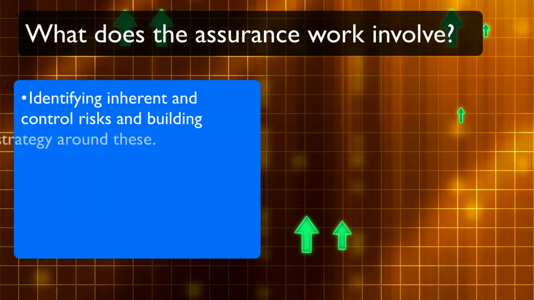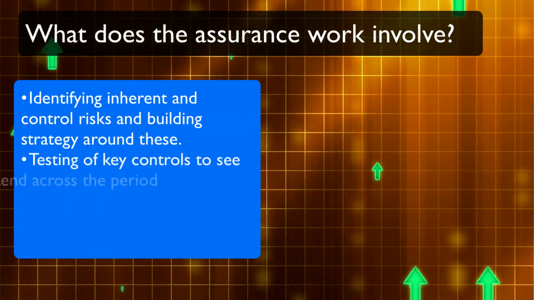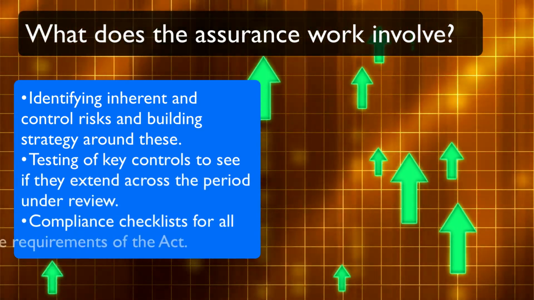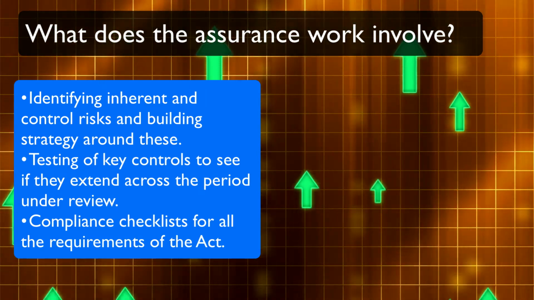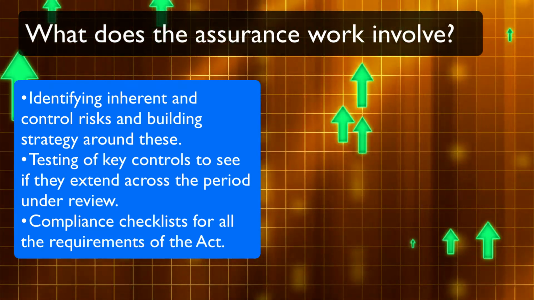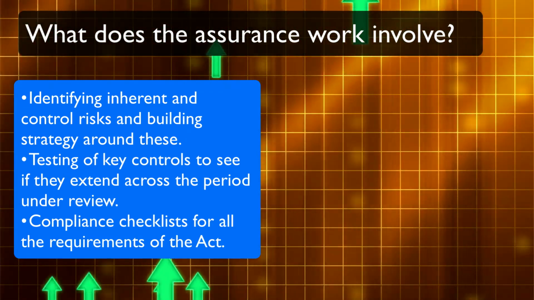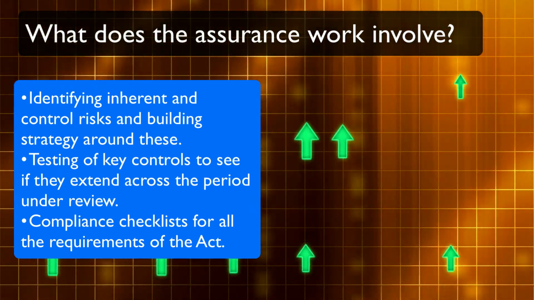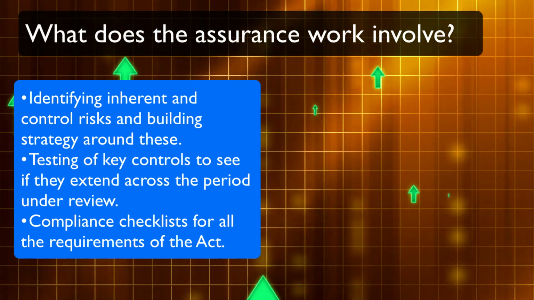We identify our own inherent and control risks and build a strategy around this. We test the controls to see if they extend across the period under review, and whether compliance has been maintained across the period. And then we have compliance checklists for all the requirements of the AML CFT Act.